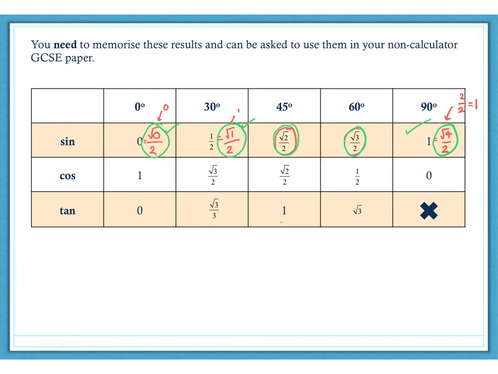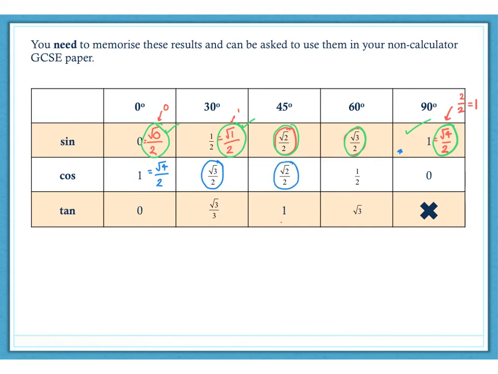Can we do something similar with the cosine? Let's have a look. So the cosine of 0 is equal to 1, and like here, I'm going to write that as root 4 over 2. The cosine of 30 is already exactly where I want it to be, as is the cosine of 45 degrees.